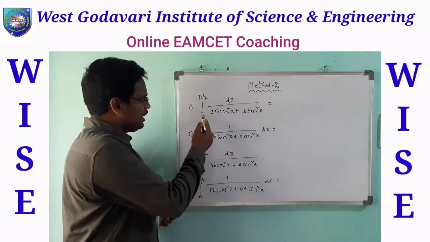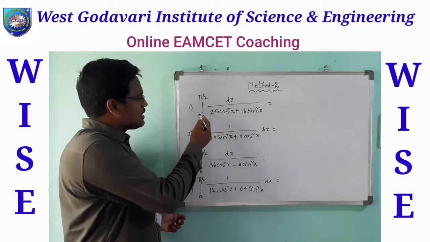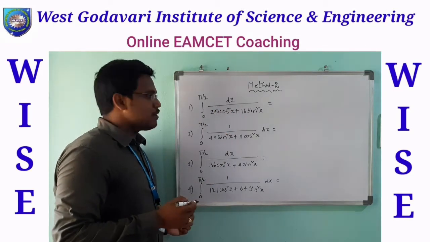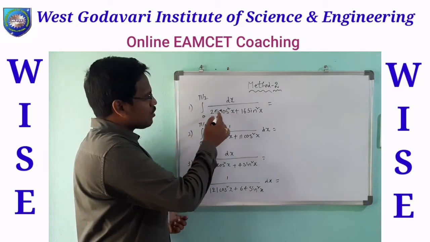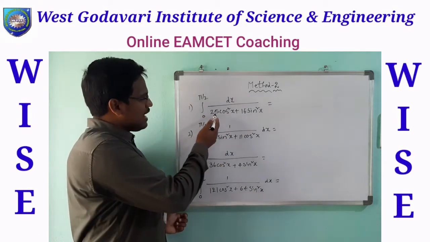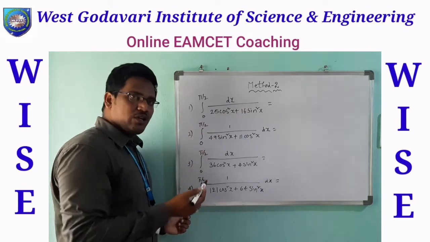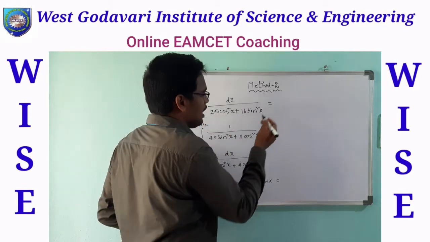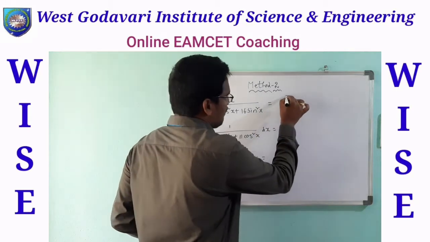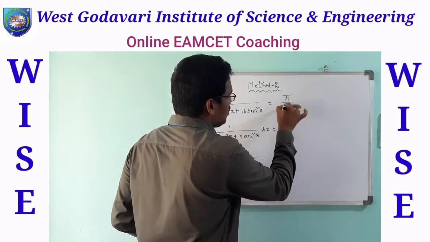The limits are 0 to pi by 2 and the format is rational: a square cos square x plus b square sin square x. So a square here is 25, so the square root of 25 is 5, and the square root of 16 is 4.